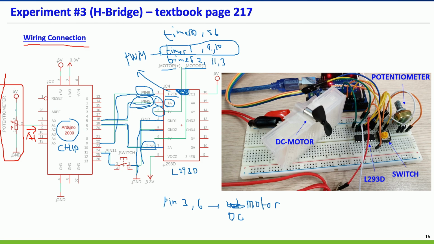Your potentiometer connects to A1, and also to 5 volts and ground.